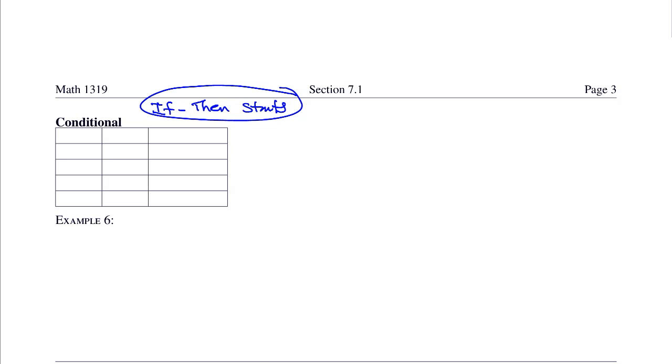And it works as such. So we start off with P, Q, and then if P, then Q. Start off with our basic truth table.